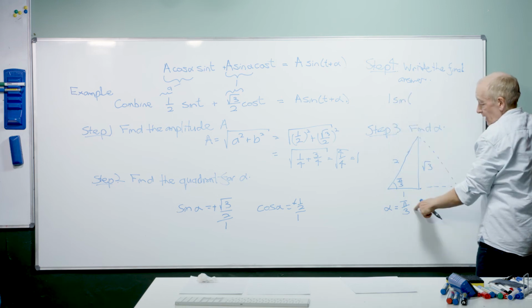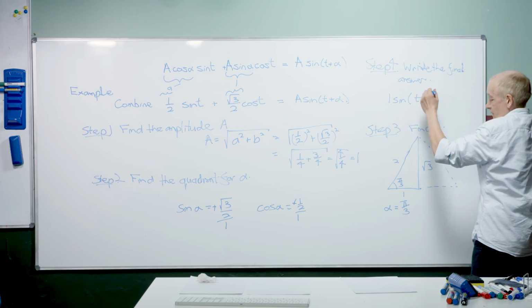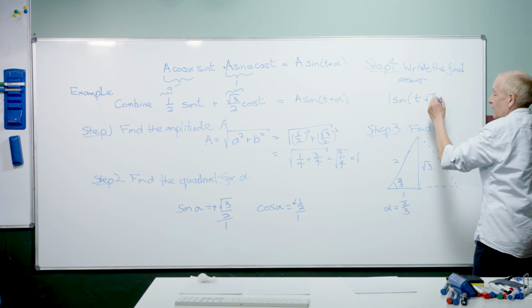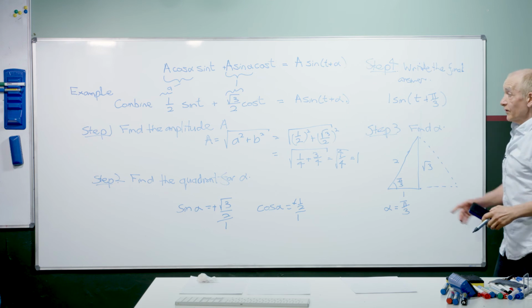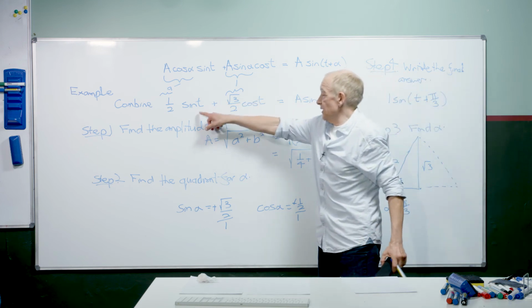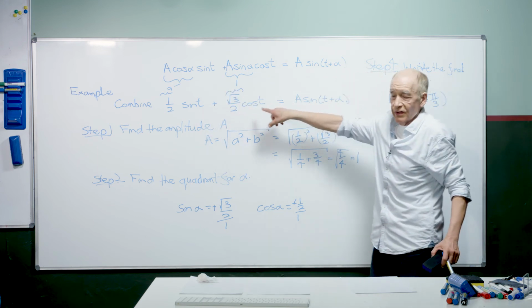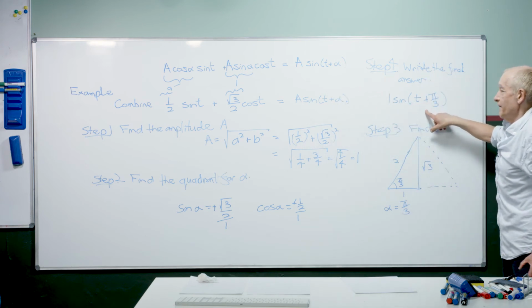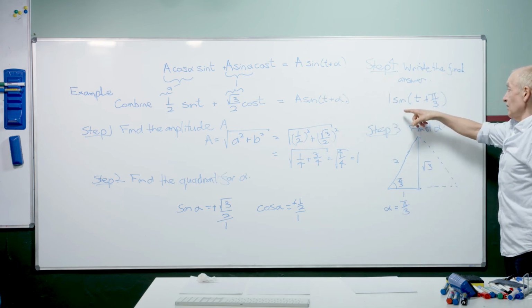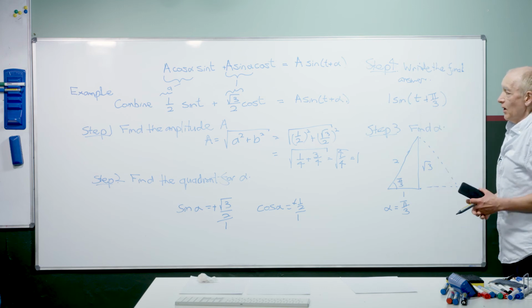And we found that our alpha was equal to pi on 3. So we've combined a half sine t plus root 3 on 2 cos t as a single function of 1 times sine of t plus pi on 3.